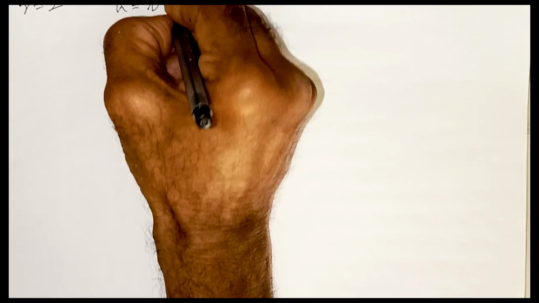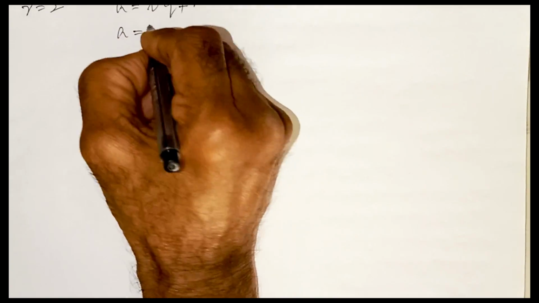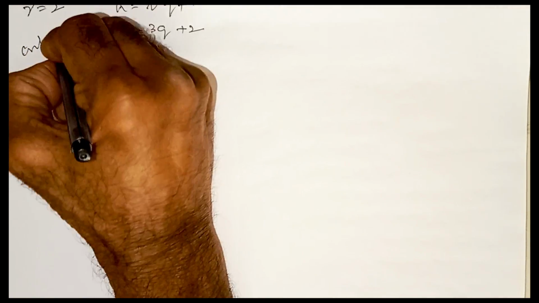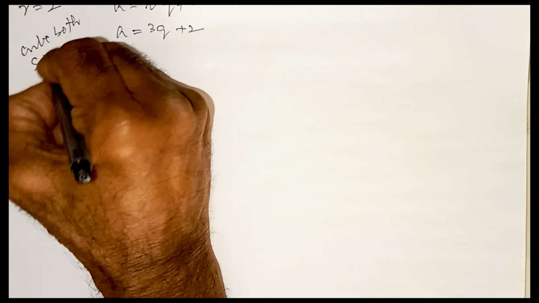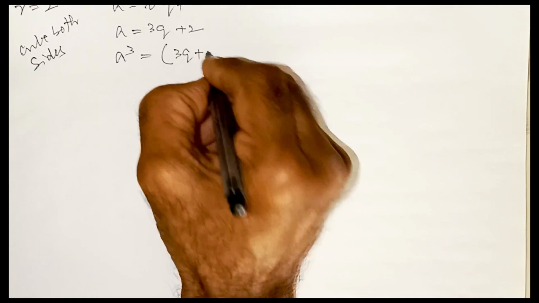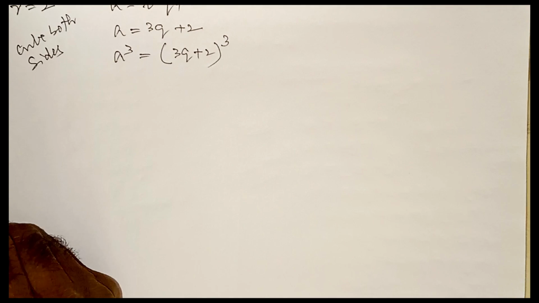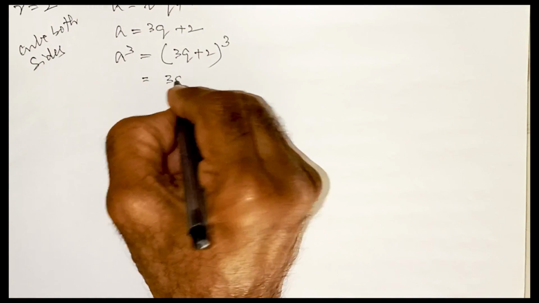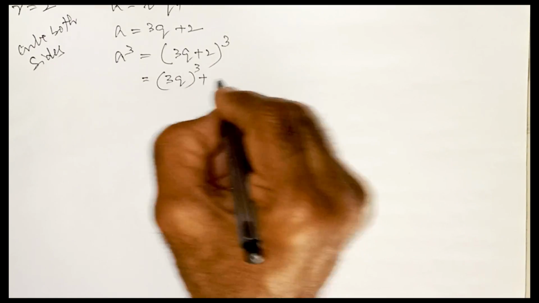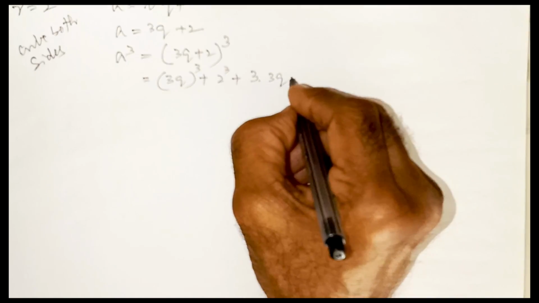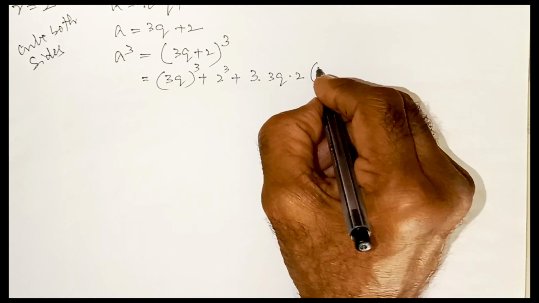Writing A equals BQ plus R, A is equal to 3Q plus 2. Now cube both sides. A cube will be equal to 3Q plus 2 whole cube. Again using the identity a plus b whole cube, it is 3Q whole cube plus 2 cube plus 3 into 3Q into 2 into 3Q plus 2.